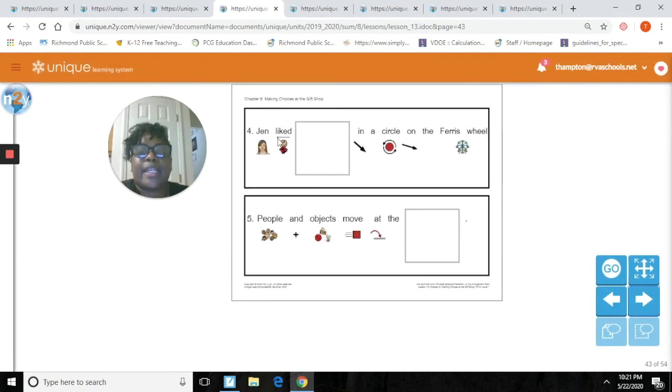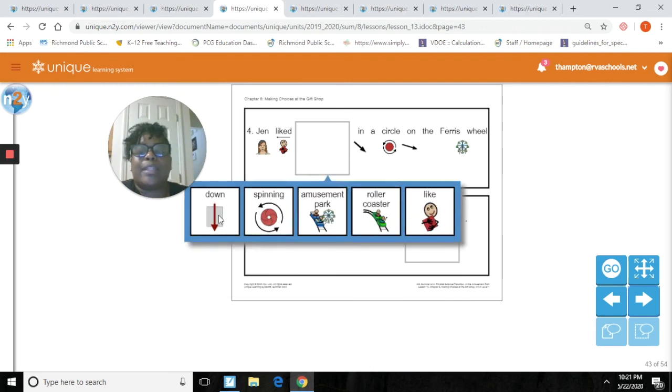All right, so Jen liked something here, and that's our blank, in a circle on the Ferris wheel. Let's see what our choices are. Down, spinning, amusement park, roller coaster, like. Make a choice. Now don't forget, we have to go to the part of the story that talks about who, Jen, and what she liked. So let's do that.